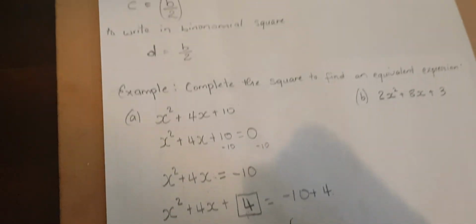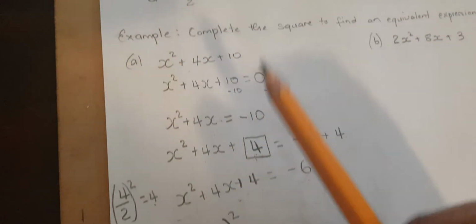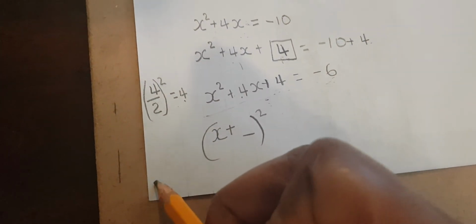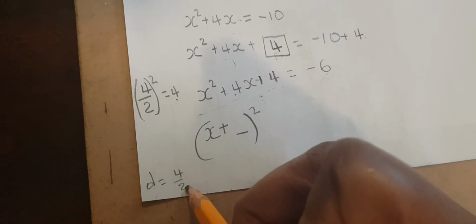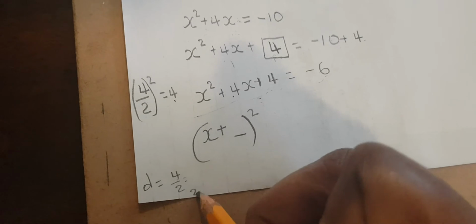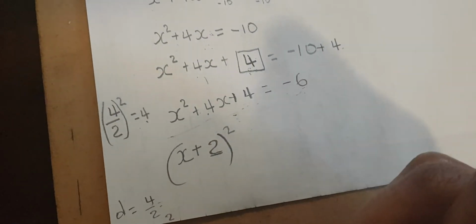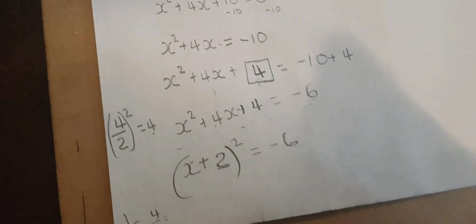To find the d, the d is always half of b. So again, b is 4, so the d value would be 4 divided by 2, which is equal to 2. So right here is 2, and then equal to minus 6.